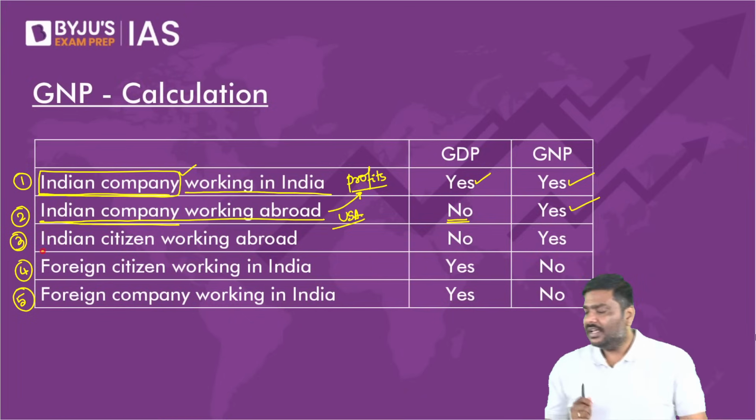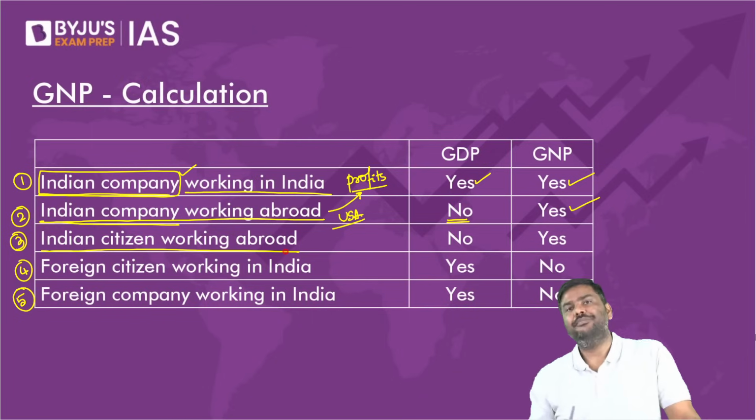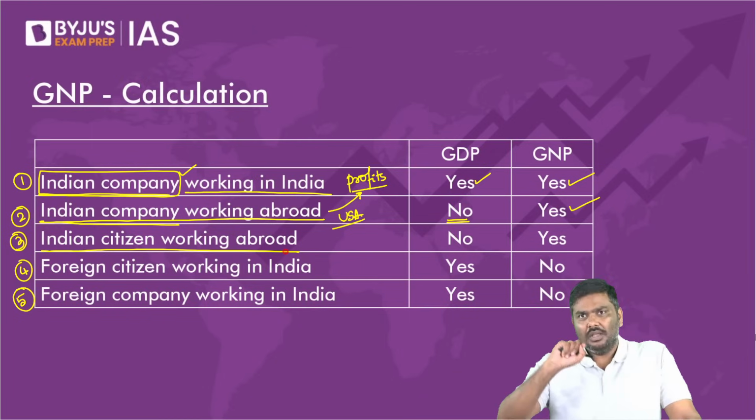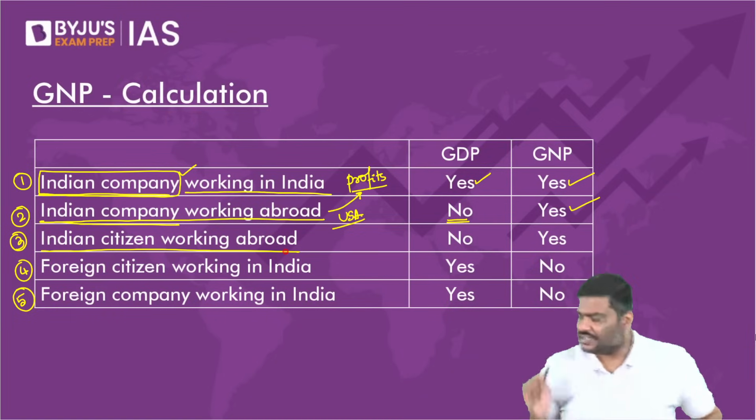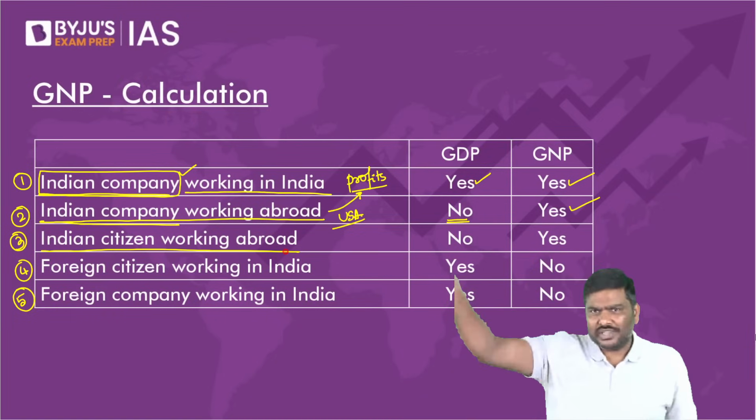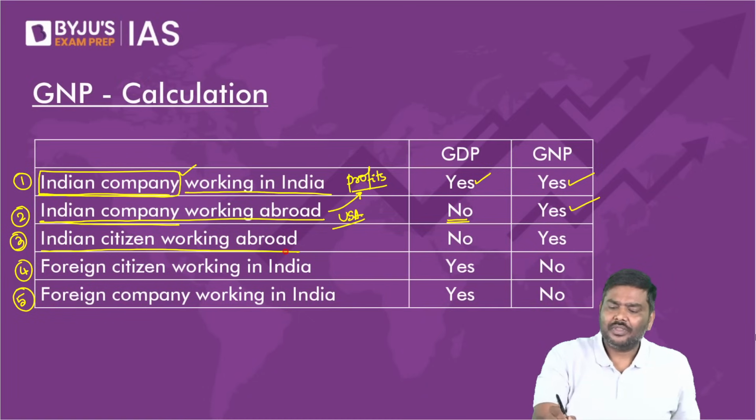Third statement. An Indian citizen is working abroad. Let's say you're a software engineer. You will go to USA for 6 months. Many of you must have seen this.